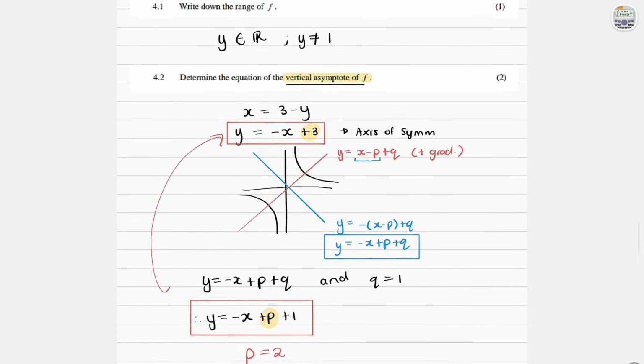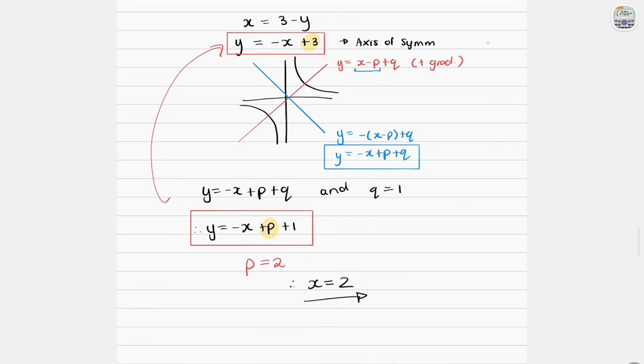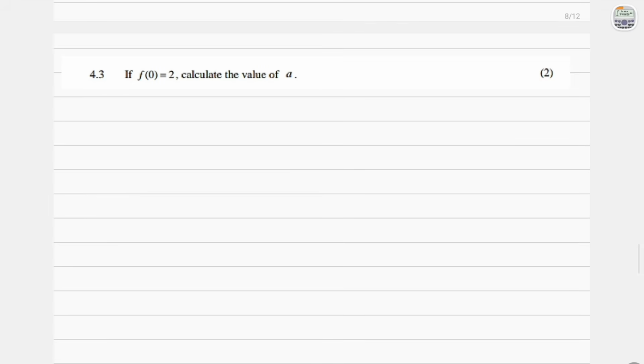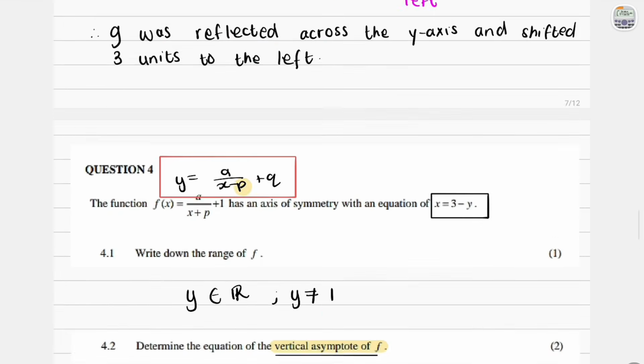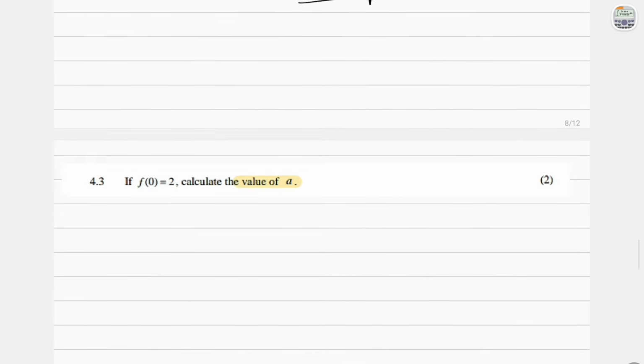Okay, so we know the value of p now. Of course, we'll have to just be clear if they ask us for the value of p, what exactly their p is. Okay, but moving on to the next question. Question 4.3 says, if f of 0 equals 2, calculate the value of a. So let's take our equation, put it down, because we're going to need it since they're telling us something here.